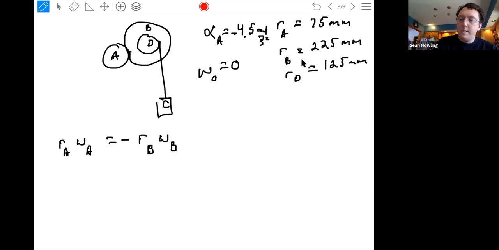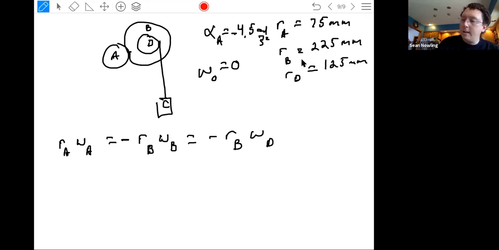Because D is welded onto B, that means they have the same omega, so I can write that as minus RB omega D. That's useful.